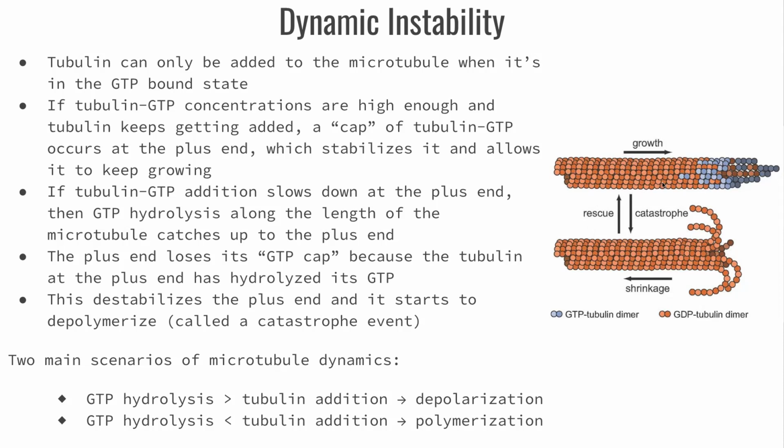And if the GTP cap is not present, then depolymerization occurs because GTP bound tubulin is what causes the microtubules to stay together. The depolymerization is usually called the catastrophe event. I can go more into that if people want.